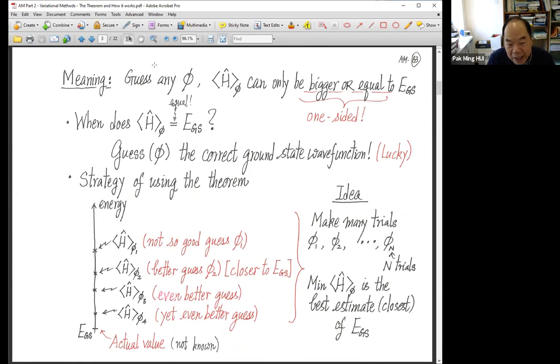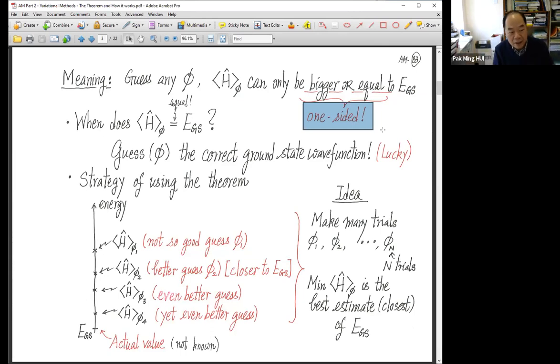It says any guess, this will be bigger than the actual value. The nice thing is that it is one-sided. If I have a line here that is the target point I want to know, and I just blindly guess at something classically, like playing darts, sometimes I will get higher, sometimes I will get lower.